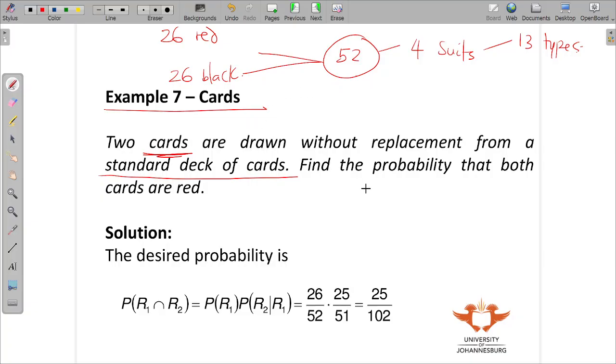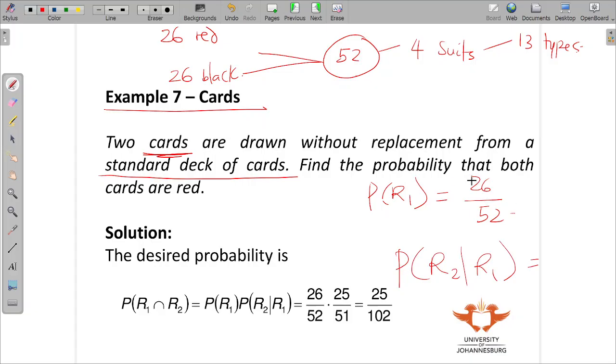So the probability of choosing the first red will be 26 over 52. Don't forget that. But it's without replacement. So the probability of choosing the second red given the first red will now be 25 over 51, then multiplied by 26 over 52, which is this one.